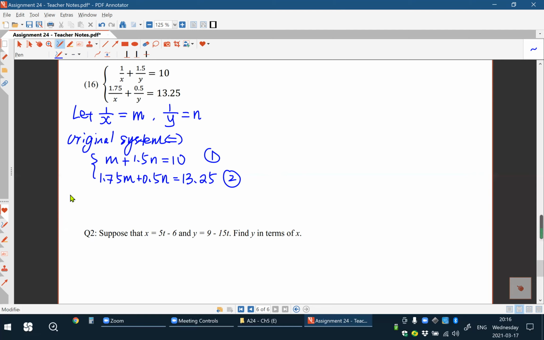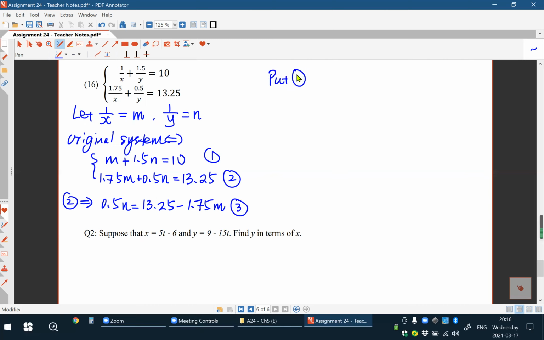Okay, from 2, we can solve n. 0.5n equals 13.25 minus 1.75m. And then we can solve n, right? But you don't have to solve n there. You can leave the coefficient here because 1.5 is 3 times 0.5. So just leave it there and put it back into number 1. So let's label this with 3.